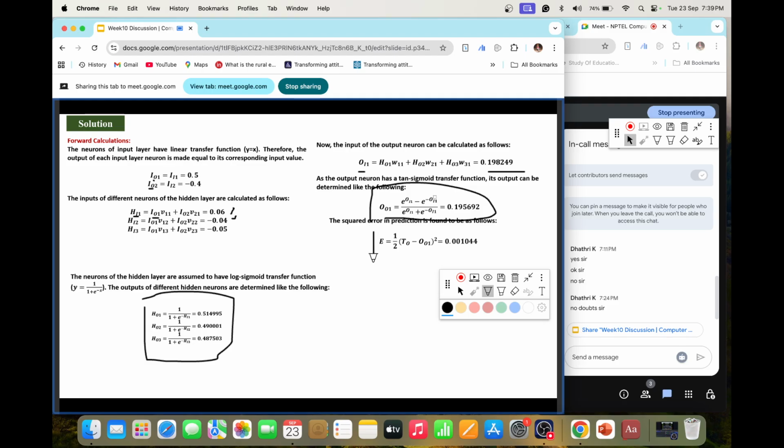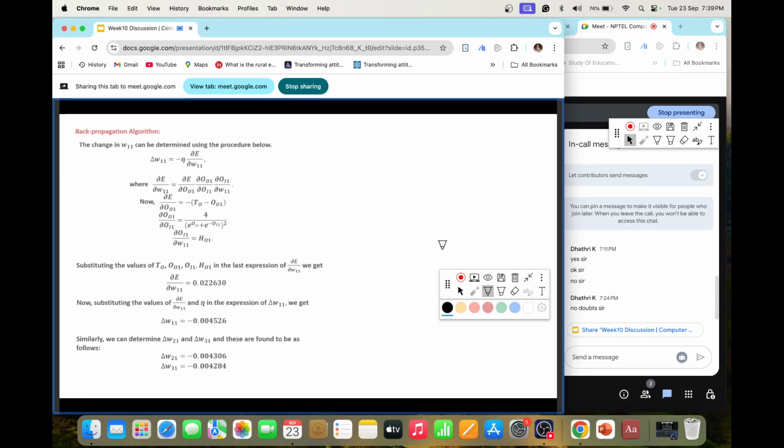After that we have to calculate the error, that is nothing but 1 by 2, where 2 is the total number of inputs, times TO minus OO1 squared. By that we get the error, the MSE, the mean squared error. That also we have calculated. Now we have to update our parameters such that this error is minimized. That we have to show.